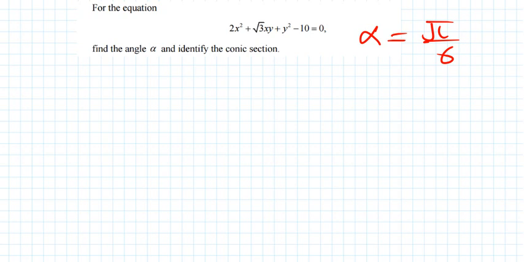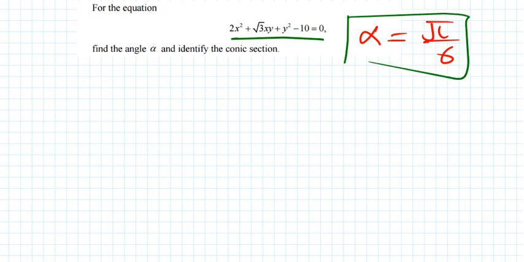So now that you've got the angle, this is similar to the previous question that we had, because we were given the angle and the equation. Whenever you have the angle and the equation, the principle is very simple. Just remember the equations. You have to find the value of x and y in the new x and y coordinates.